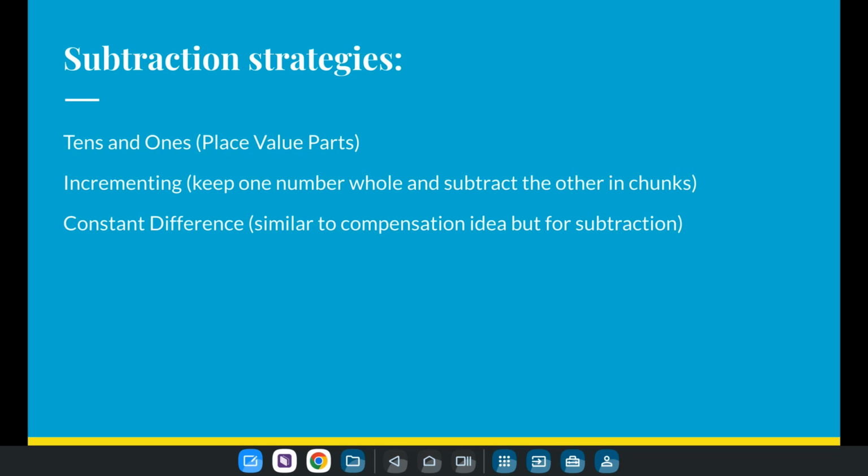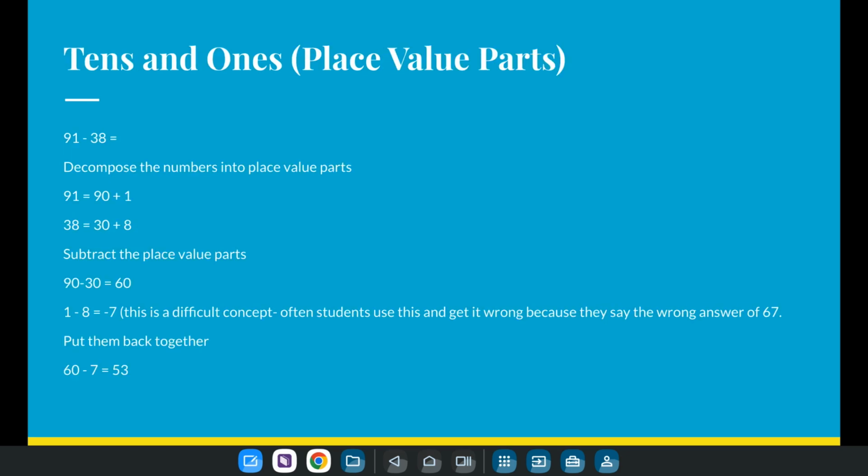Another strategy kind of taken from that is called incrementing, where we keep one number whole and we break up the other number into parts. And then the third category would be called constant difference, which is similar to the addition strategy of compensation, if you've watched the addition video, but it is how we make easier problems using subtraction.